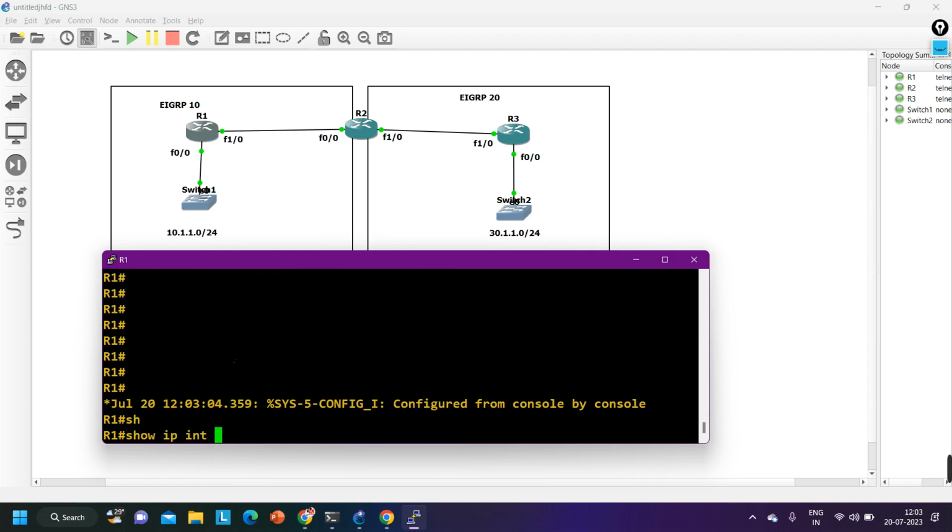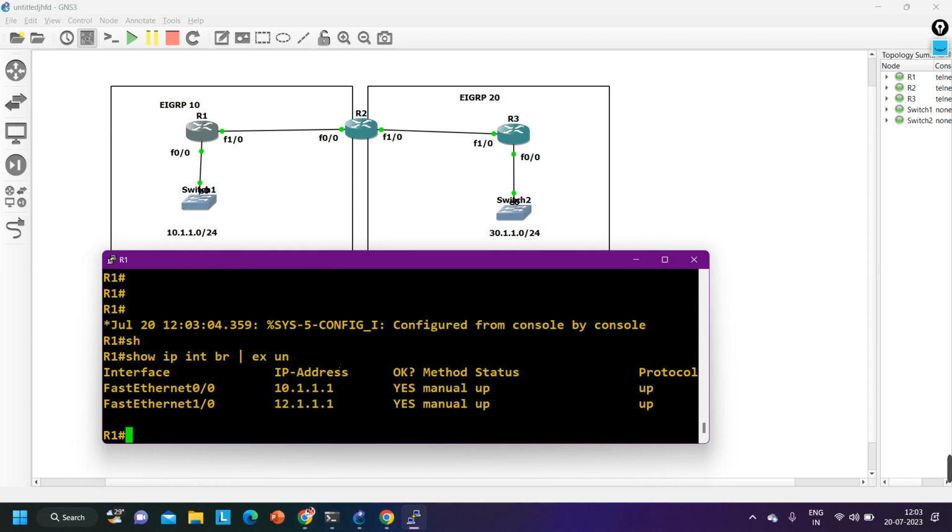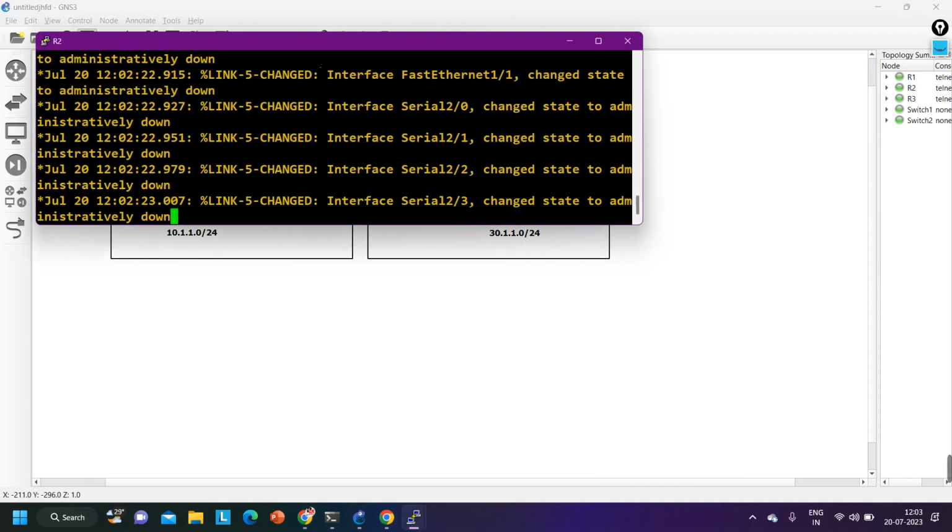So, show IP interface brief, exclude unassigned. You can see the IP configuration of router 1. Let me configure IP on router 2.